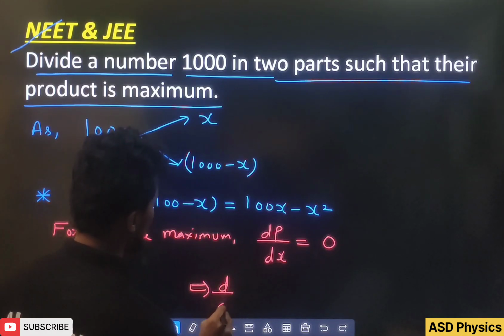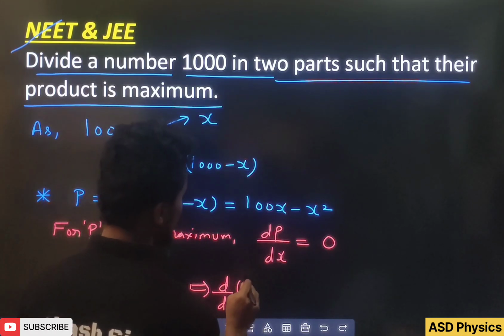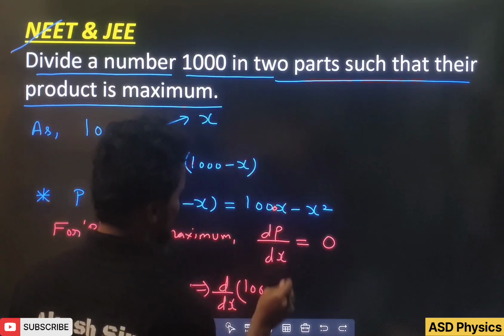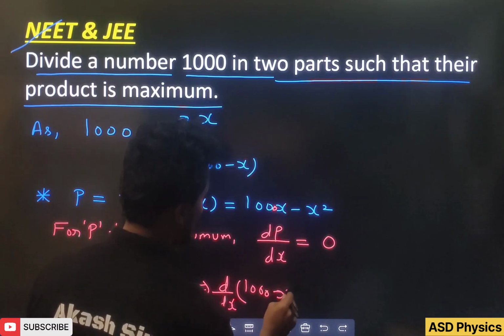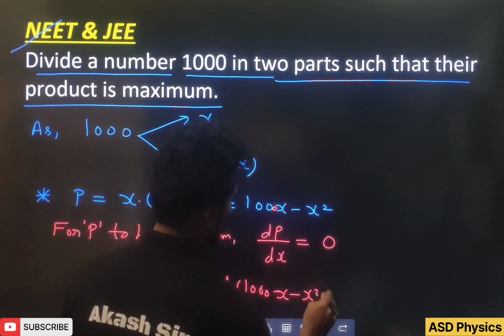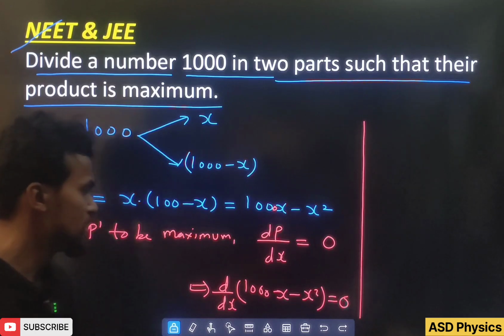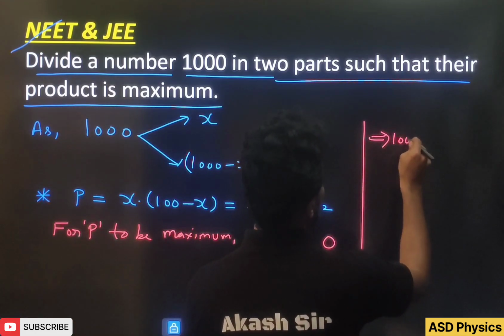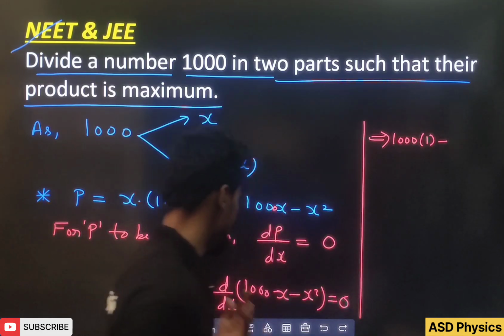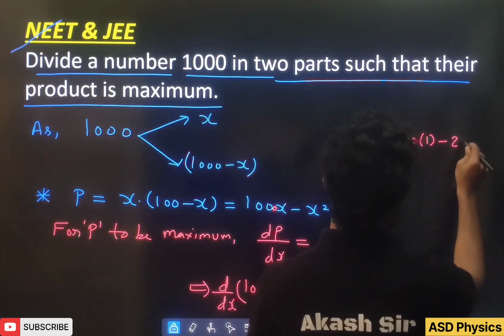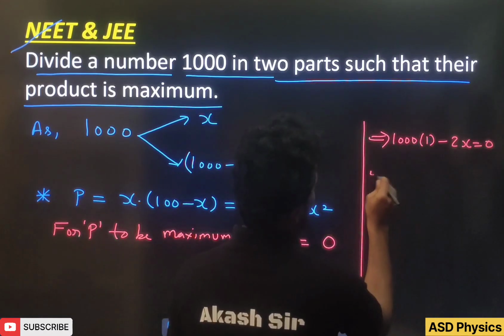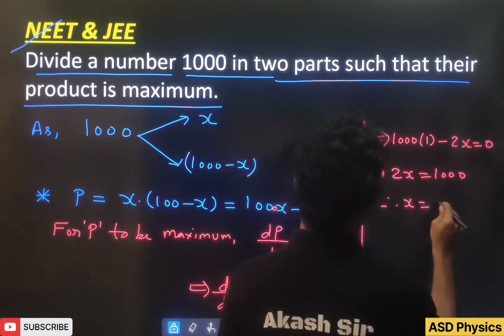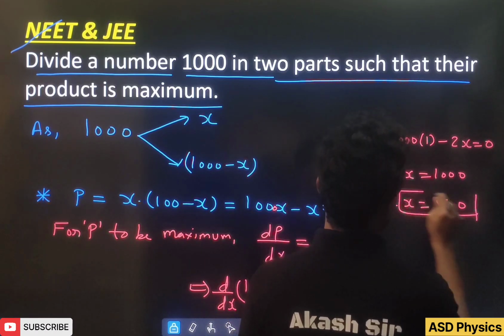So d by dx of p, that is d by dx of (1000x minus x square), equals 0. The differentiation of 1000x is 1000, minus d by dx of x square, which is 2x, equals 0. Simplifying, 2x equals 1000, that means x equals 1000 by 2, which is 500.